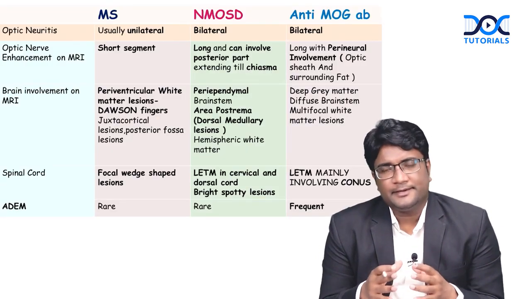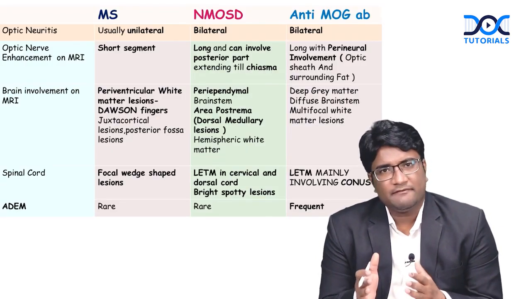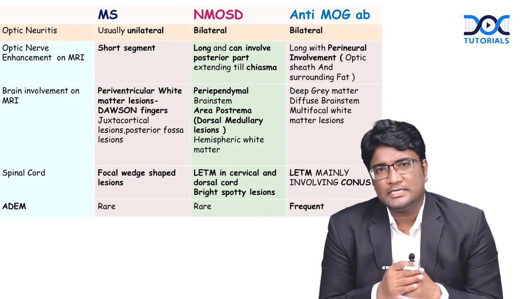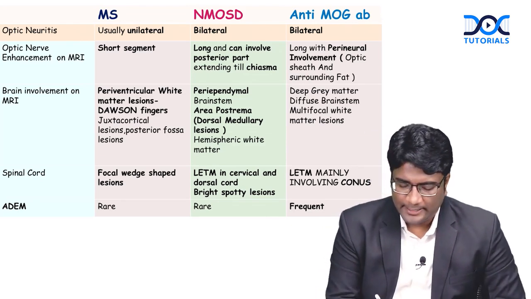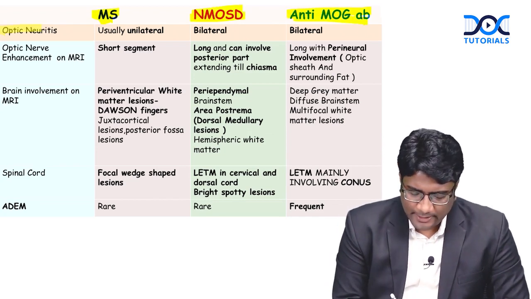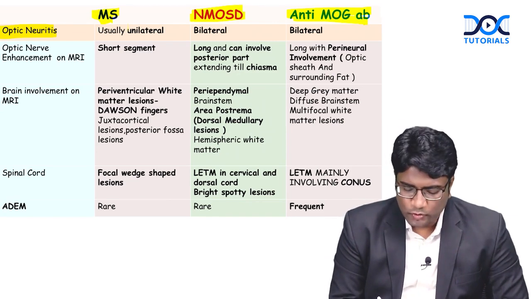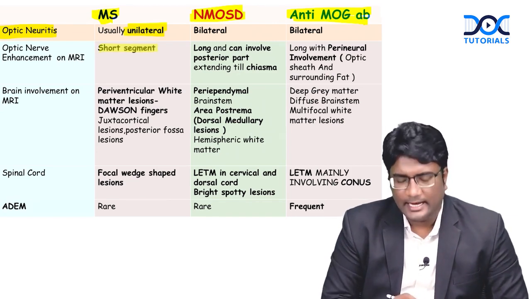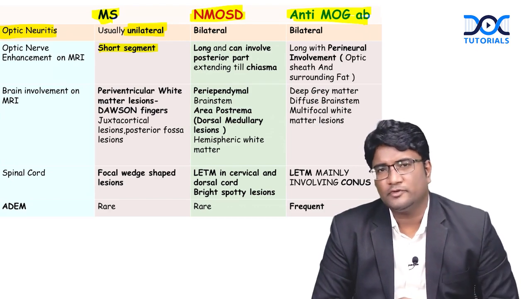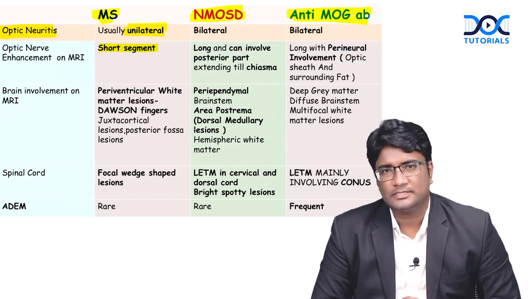Now, let's look at this table helping us to differentiate the imaging findings in multiple sclerosis, NMO spectrum of disorders, as well as anti-MOG antibody disease. If we compare these, the optic neuritis in multiple sclerosis is usually short segment and unilateral involvement. So, usually unilateral and only a short segment of the optic nerve is affected in multiple sclerosis.